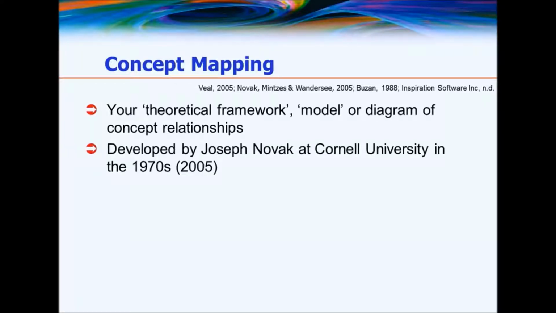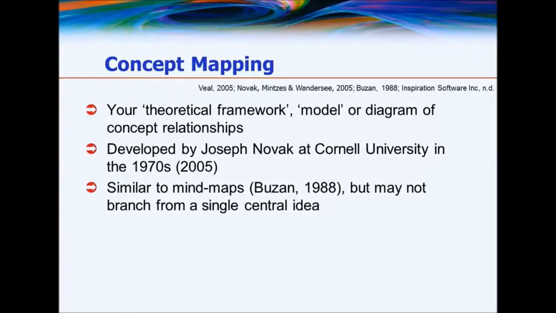So concept mapping was developed by Joseph Novak at Cornell University in the 1970s, and they're very similar to the work by Tony Buzan on mind maps. But mind maps generally branch from a central idea. Joseph Novak's idea of concept mapping may not necessarily branch from a central idea.